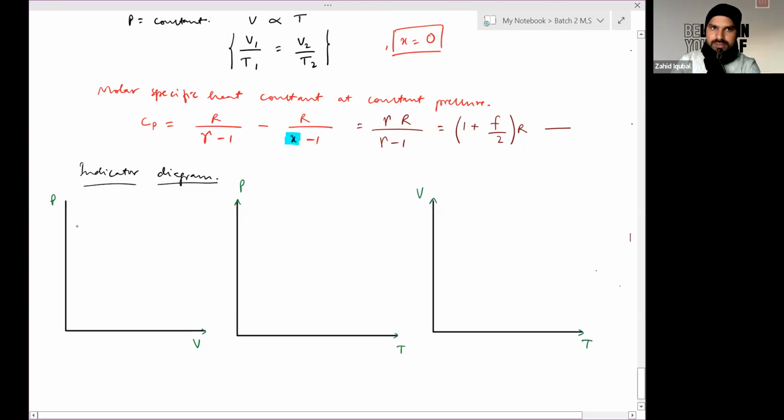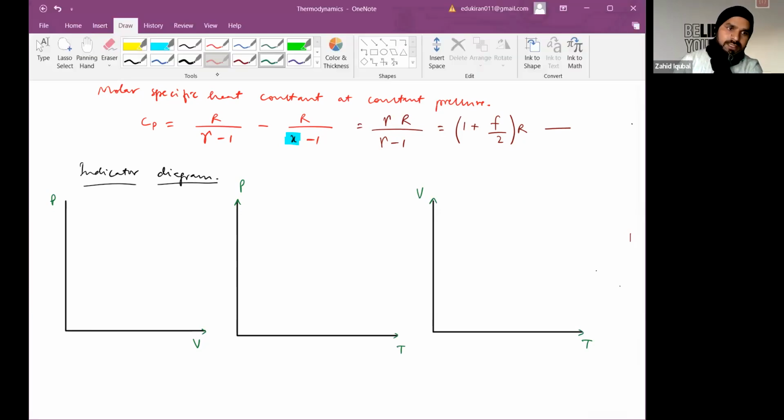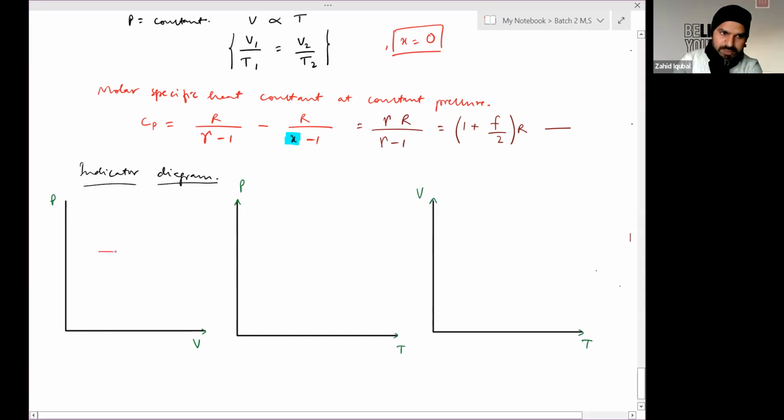Since pressure is constant, the graph related to this PV curve will be a straight line parallel to the volume axis, from this point to this point, with the arrow along this direction from some initial value Vi to some final value Vf. In the second part, since pressure is constant, only temperature will change with change in volume. So the curve will be along this from some initial value to some final value.